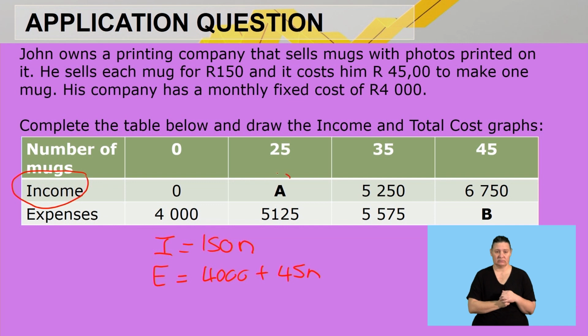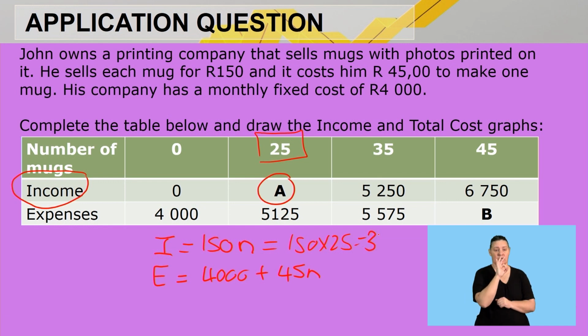Let's look at value A. A is income, and we need to calculate the income for 25 mugs. So that will be 150 times 25, which is 3,750 Rand. And his expenses we need to calculate for 45 mugs, B then.